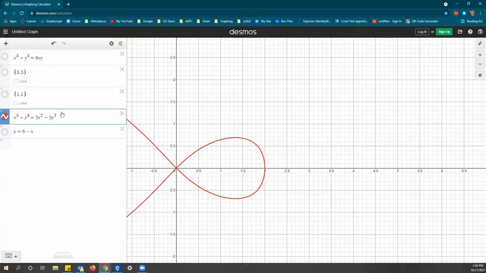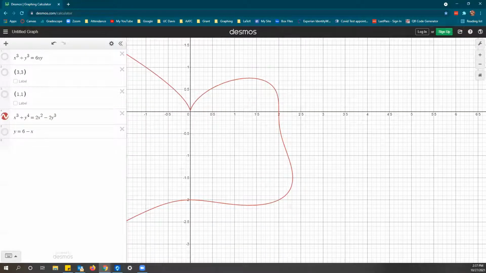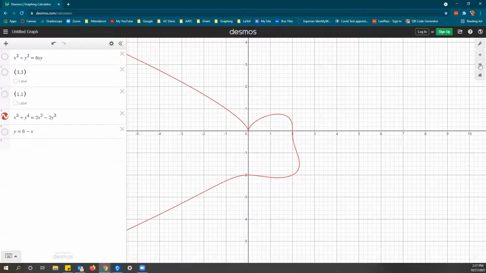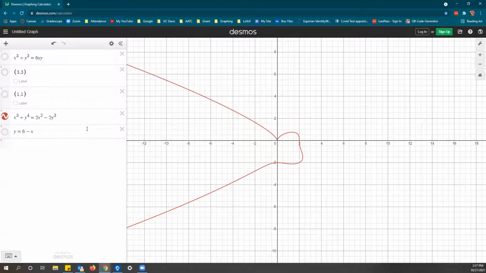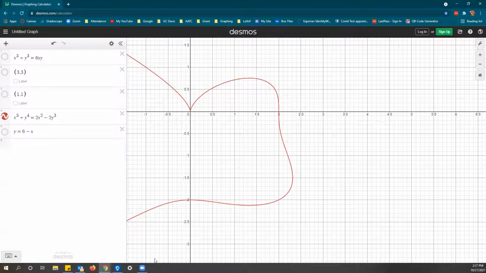Plus, I don't have all the right points, right? I said it goes through some points. It's clearly not going through there. There we go. Much more interesting looking. So check out that. That is literally what the graph of this equation looks like. And you can see the points (2, 0), (0, -2), and (2, -2). And you can see the tangent lines.